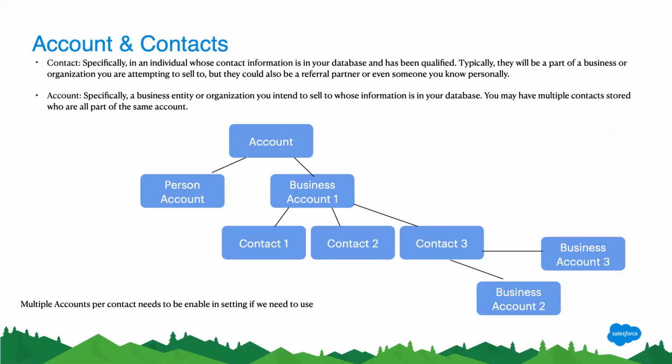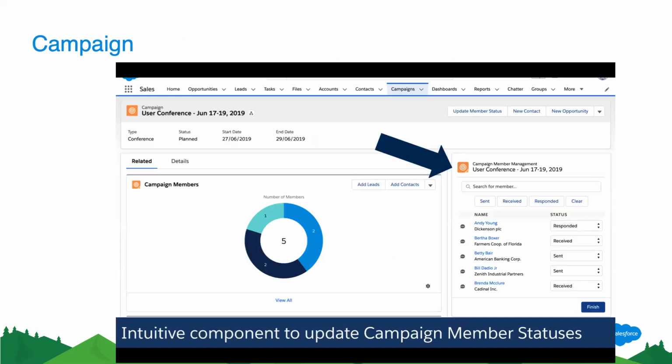No matter how you use account and contact, they will be your target customers, mostly the contacts, because the contact point will be one contact. Let's start with campaign. Campaign is associated with both Marketing Cloud and Sales Cloud.